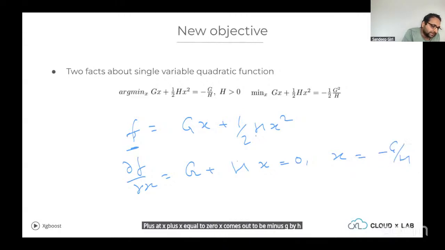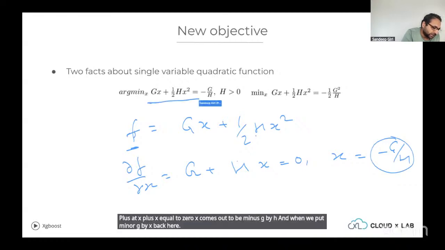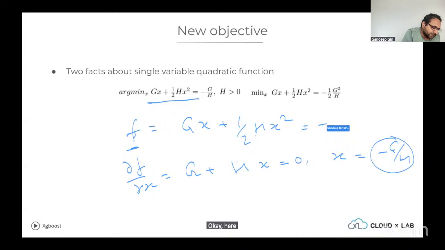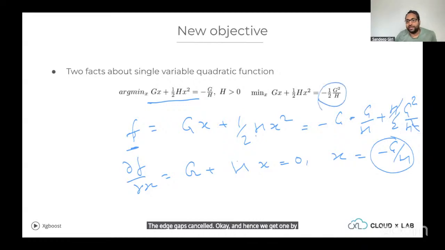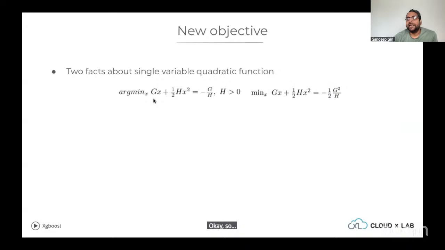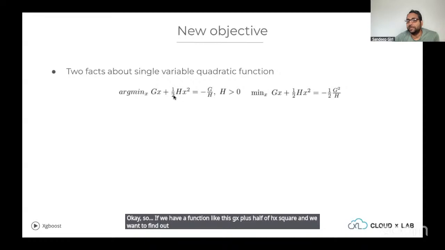When we put minus g by h back here, it will be minus g times g by h, plus h by 2 times g squared by h squared. The h gets cancelled, and hence we get minus 1 by 2 g squared by h. So if we have a function like gx plus half of hx squared and we want to find its minimum value, this is the minimum value.